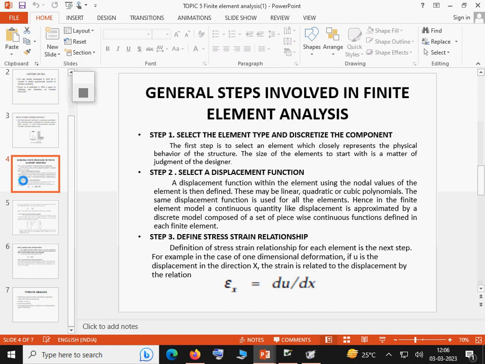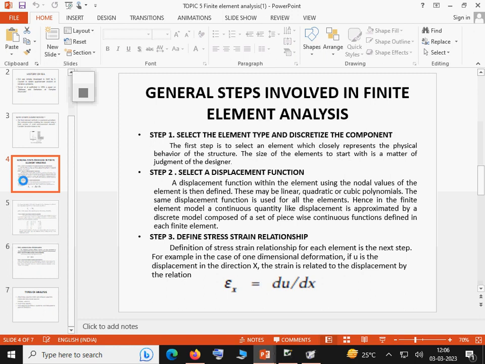If it is a truss problem, we have to select the truss element, or a beam problem. You have already studied SOM, where n number of beams are available, like fixed beam, simply supported and overhanging beam. If you are selecting a beam problem, you have to select the beam as an element, or otherwise for a truss problem you have to select the truss as an element.